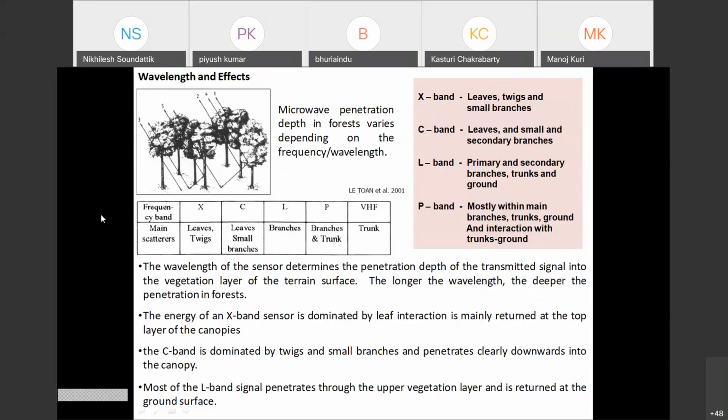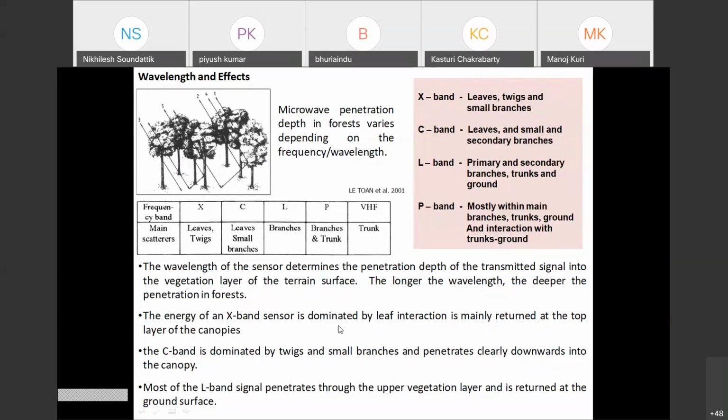As I have said, the pictures explain what is happening within the forest, that each structural component is leading to the backscatter characteristics within the forest. And we know that the longer the wavelength, the deeper the penetration within the forest.